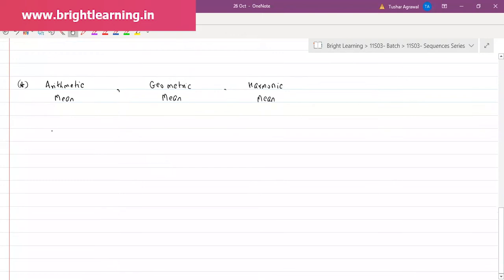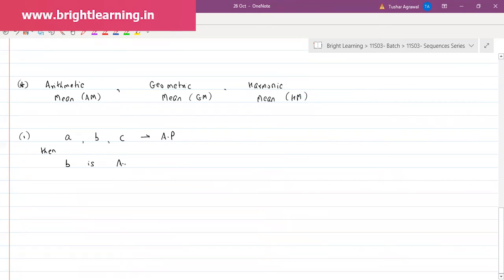So what is arithmetic mean, sir? Arithmetic mean is the first case. If A, B, C are in arithmetic progression, then B is called the arithmetic mean. Arithmetic mean AM, geometric mean GM, and harmonic mean HM.